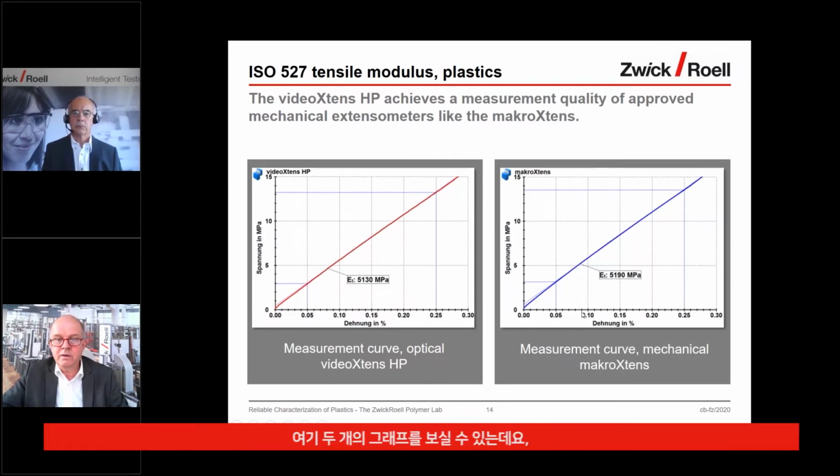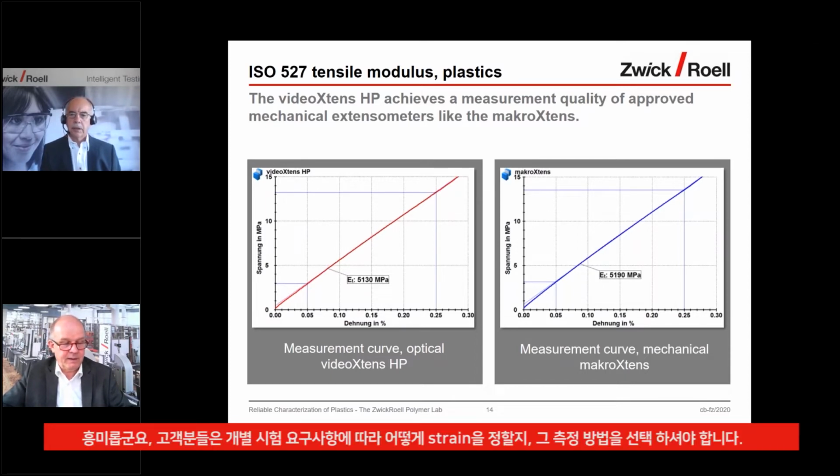So here you see two slides. The right side is a measurement curve done with a MacroXtens, so with a mechanical extensometer, and here on the left side we have a curve on the same material measured by a VideoXtens HP. And so you can see that this is very comparable quality of signal.